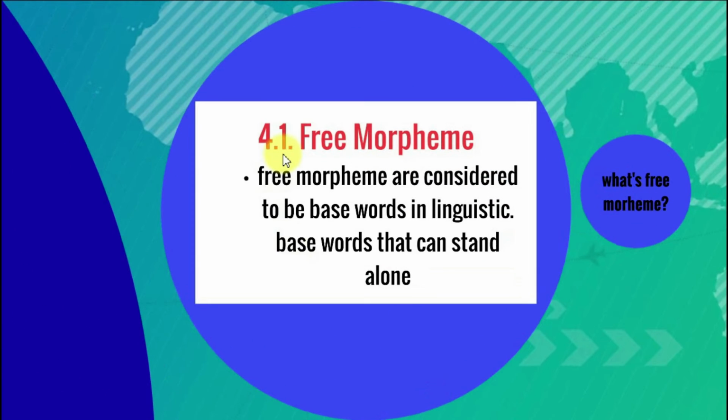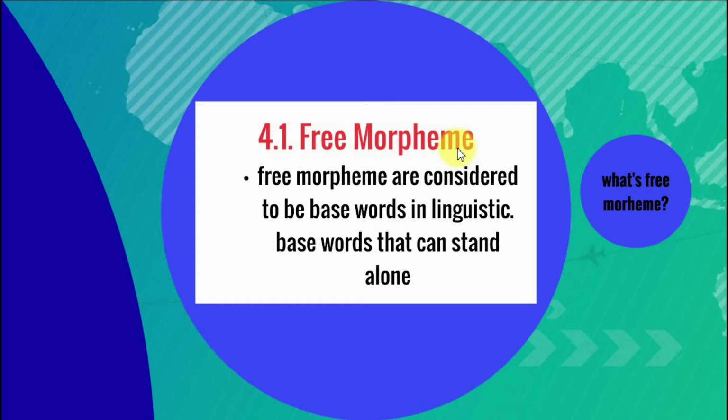We have divided morpheme into two. The first is the free morpheme. What is a free morpheme? A free morpheme is considered a basic word in linguistics, the base word that can stand alone. A word or root word that can stand alone is called a free morpheme.